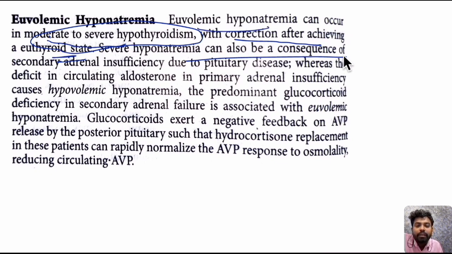Severe hyponatremia can also be a consequence of secondary adrenal insufficiency due to pituitary disease, whereas the deficit in circulating aldosterone in primary adrenal insufficiency causes hypovolemic hyponatremia. So in primary adrenal insufficiency you have hypovolemic hyponatremia; in pituitary disease, mostly secondary adrenal insufficiency, you have euvolemic hyponatremia.